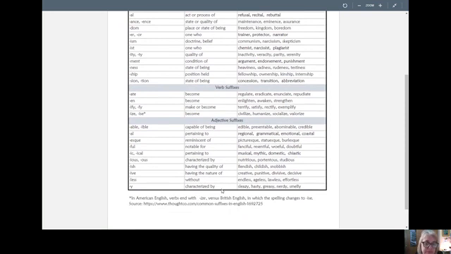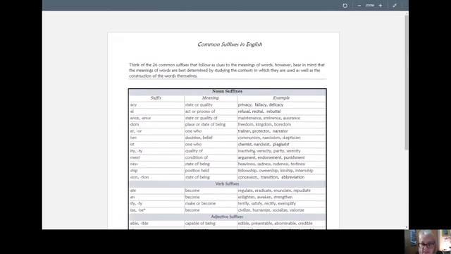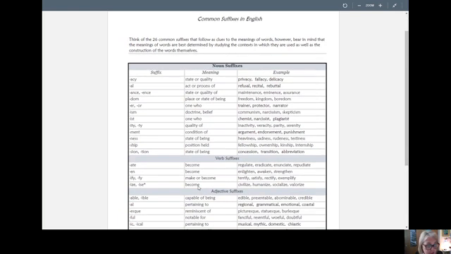So let's review. We have our nouns, which are people, places, things, and our suffixes here. And many of the meanings tell us about the state that they're in at a certain time, or the quality or the condition. We have our verbs, which are our actions, what we're doing.